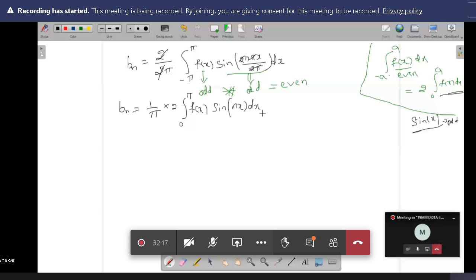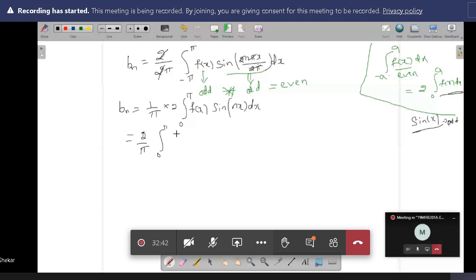Now f of x defined in the interval 0 to pi is 1. So bn is equal to 2 by pi integration from 0 to pi, where f of x is 1, into sine nx dx.